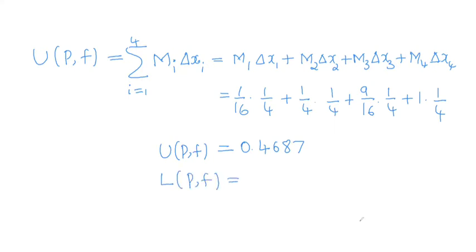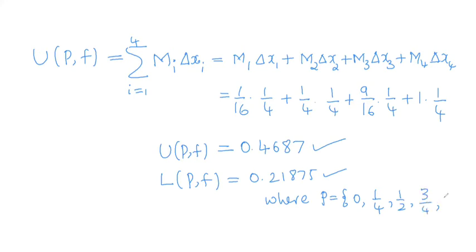The lower Riemann sum, what we got, is 0.21875. So this is the value of the lower Riemann sum and upper Riemann sum with respect to the partition 0, 1 by 4, 1 by 2, 3 by 4, 1. This is with respect to one single partition, right? So what does the Riemann integral say?